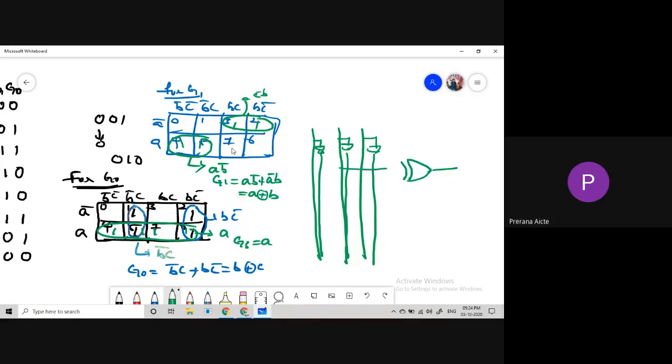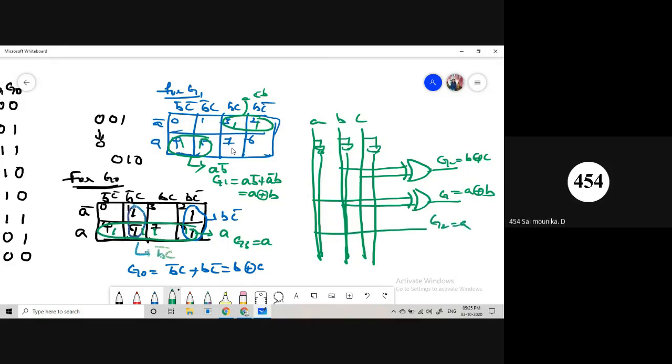So G0 is equal to B XOR C, and G1 is equal to A XOR B, and G3 equals A. So like this, we are converting binary to gray code.